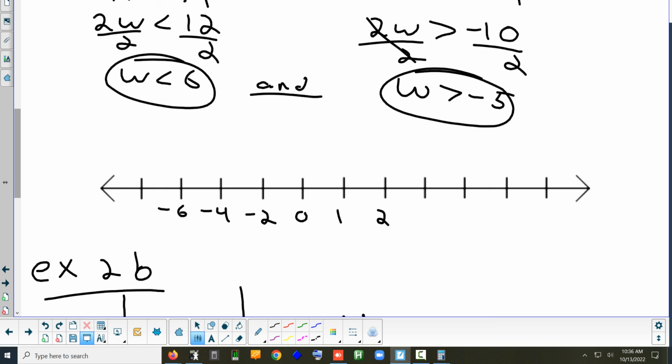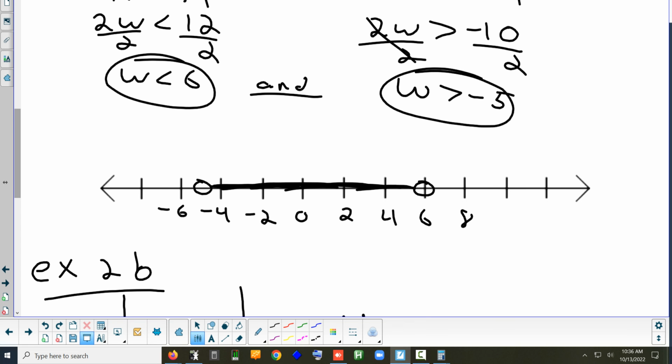Again, you're not going to really have to worry about how to number the number line on the test. So I've got an open circle on 6. I've got an open circle on negative 5. And since it's an and, I shade between, connect the dots.